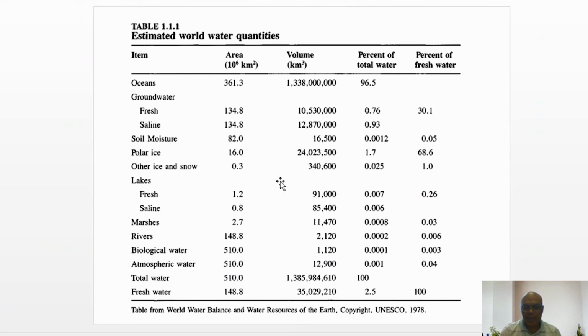Rivers have only 0.0002%, and the total water quantity available in the oceans, lakes, rivers, biological water, etc., everything total, comes to around 1385 million kilometer cube.